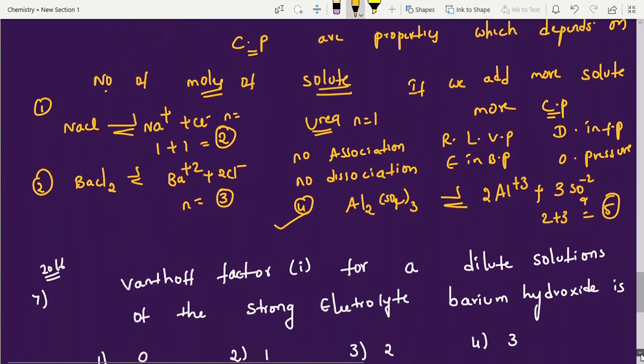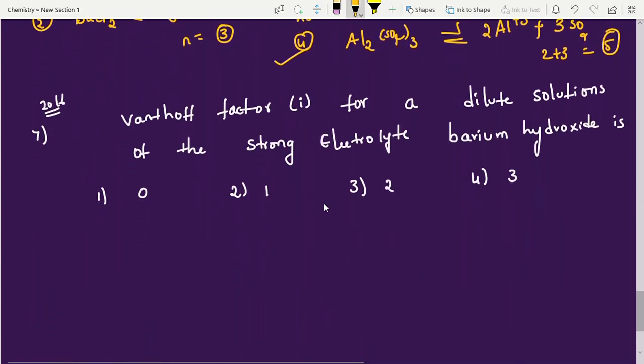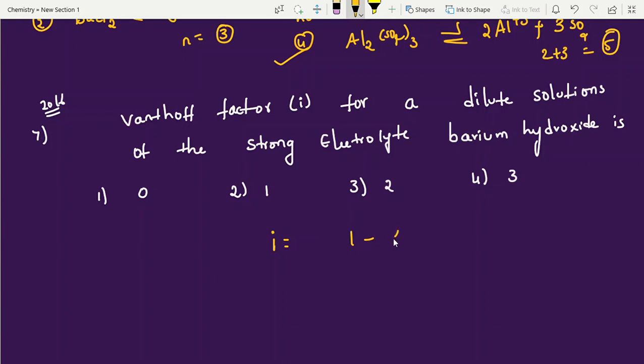Van't Hoff factor i for a dilute solution of the strong electrolyte barium hydroxide. Van't Hoff factor is represented by i equal to 1 plus alpha into N minus 1. I am going to discuss this numerical shortcut also. So we are taking barium hydroxide, which dissociates into barium plus 2 and hydroxide minus.